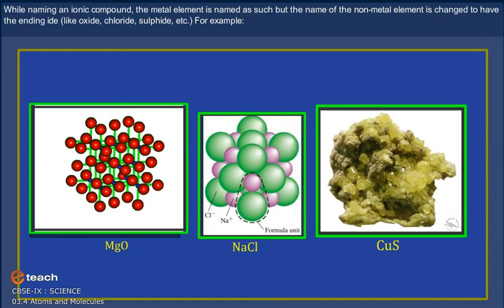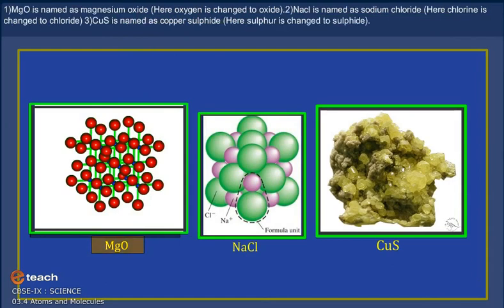For example, MgO is named as magnesium oxide. Here, oxygen is changed to oxide. NaCl is named as sodium chloride. Here, chlorine is changed to chloride. CuS is named as copper sulfide.